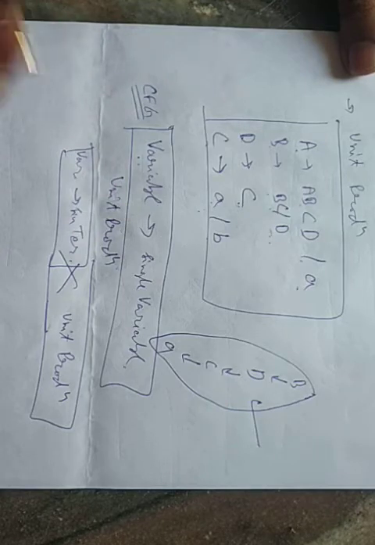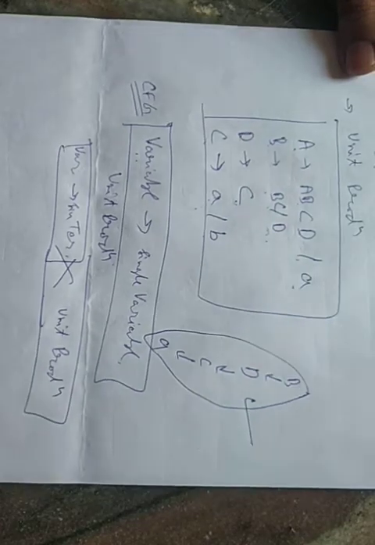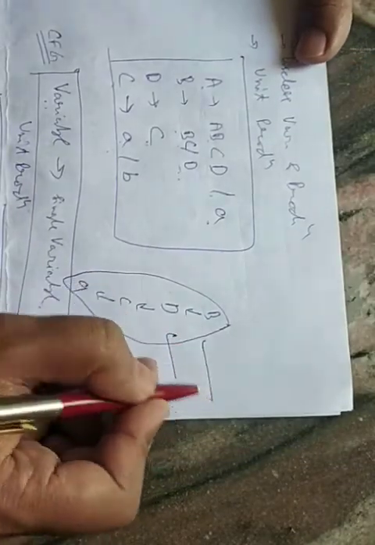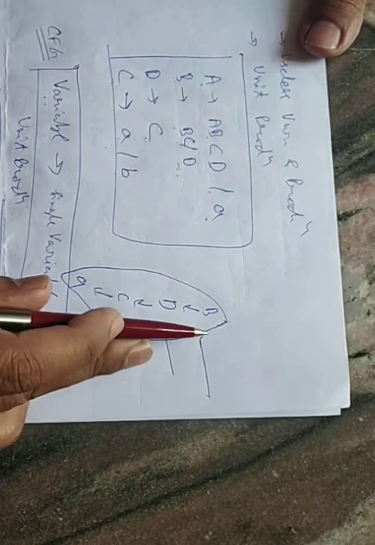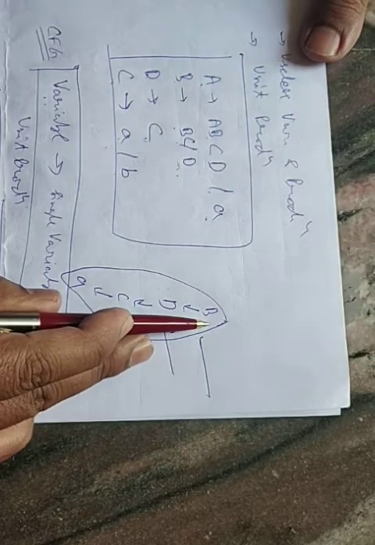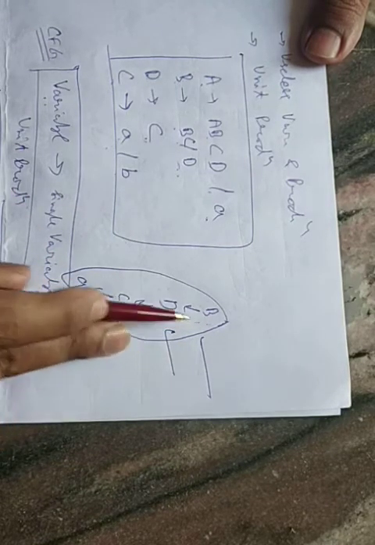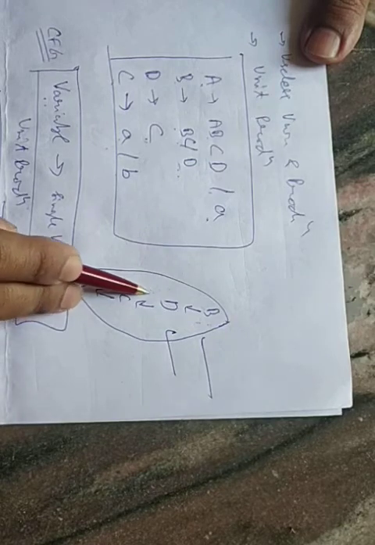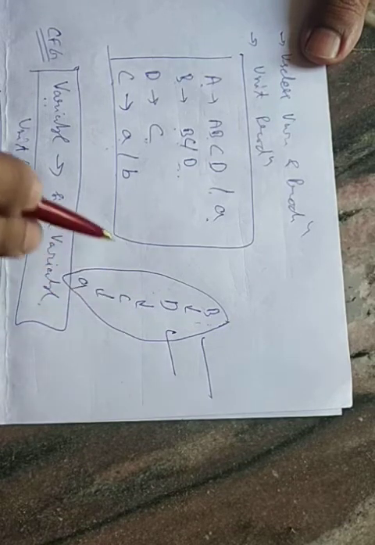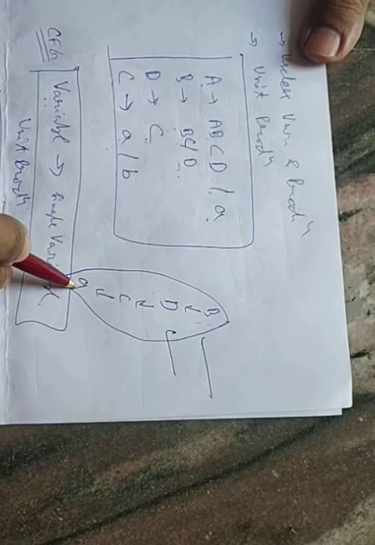Now why do we want to remove this? Just see the same thing. I want to get the value of B, but how am I going to get it? B says go to D, D says go to C, and C will give you the value.